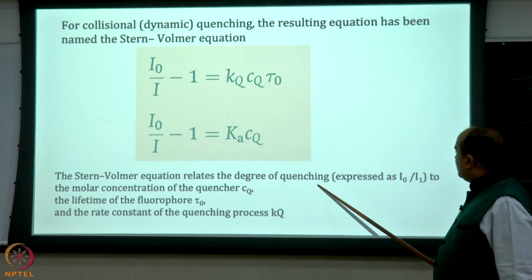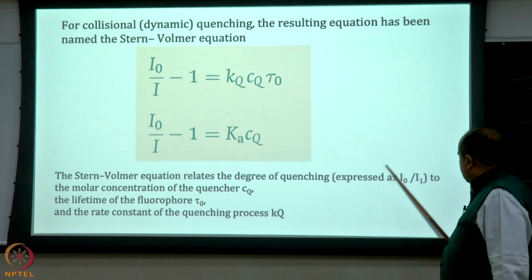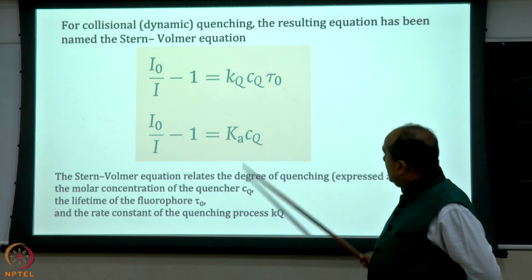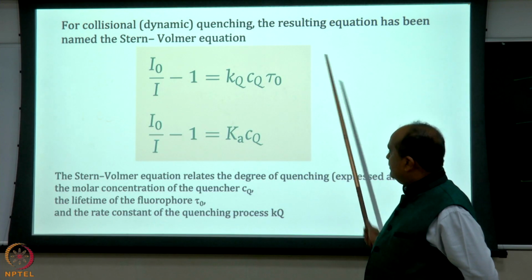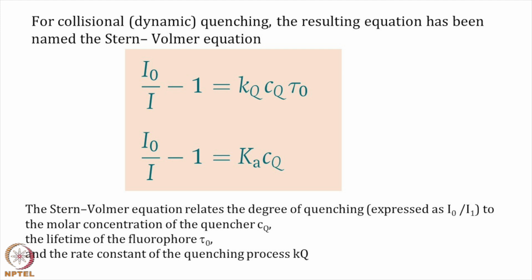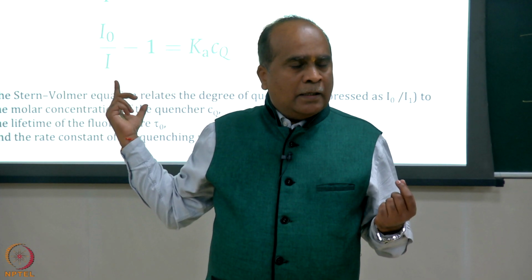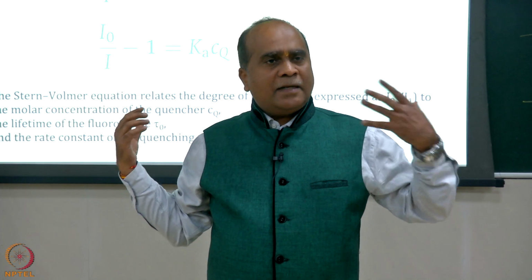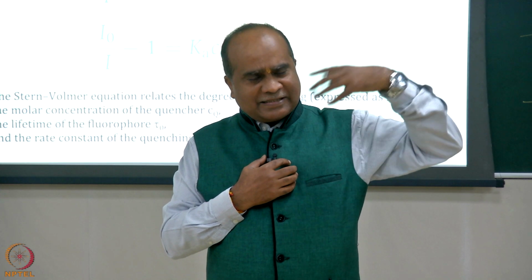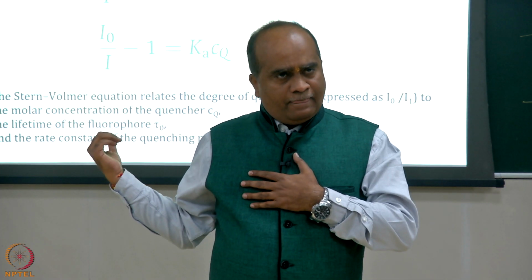Stern-Volmer relates the degree of quenching, expressed in this ratio, to the concentration of the quencher. Each quencher has a quenching Stern-Volmer constant, so it depends upon how much light it takes.